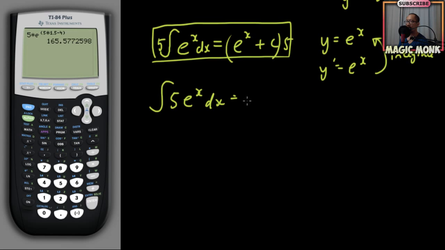So then the answer is 5e to the x plus, now you would write 5c, but 5c is just a constant again. Anything times by a constant is just another constant that we don't know about. So you can just write c. That's the answer.